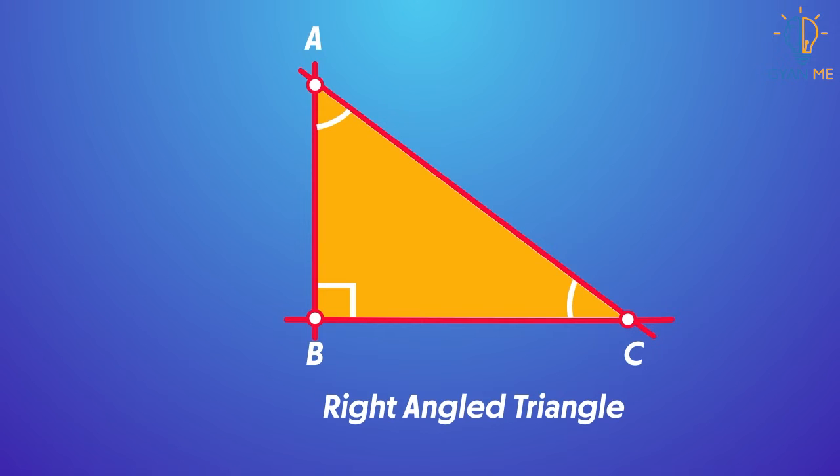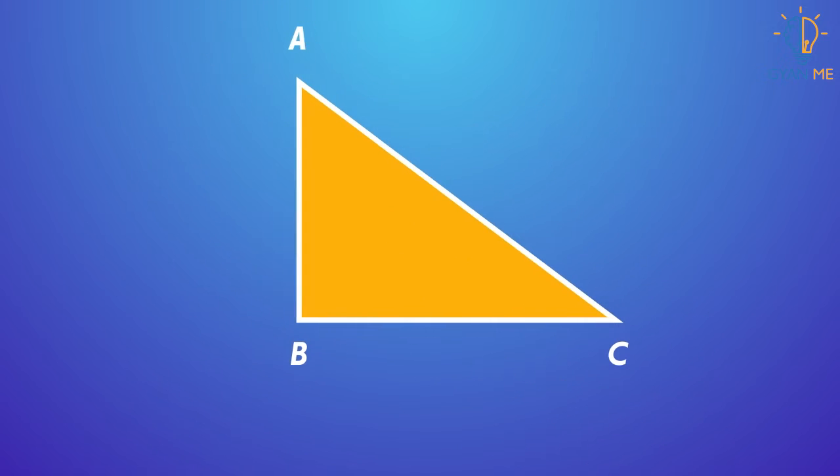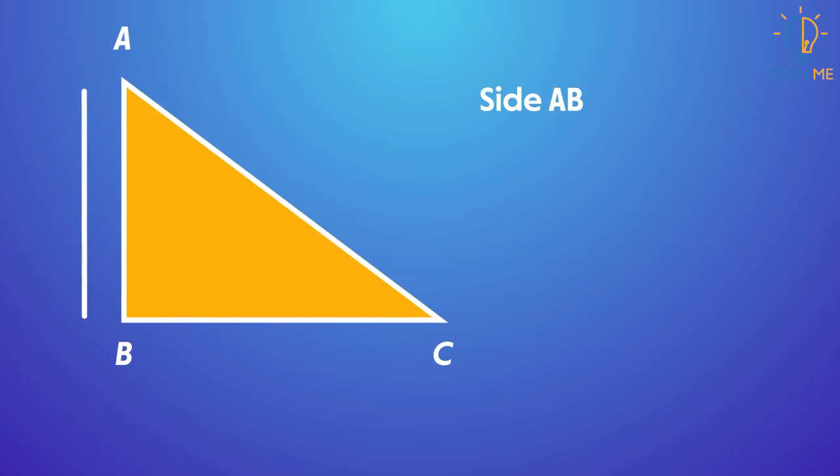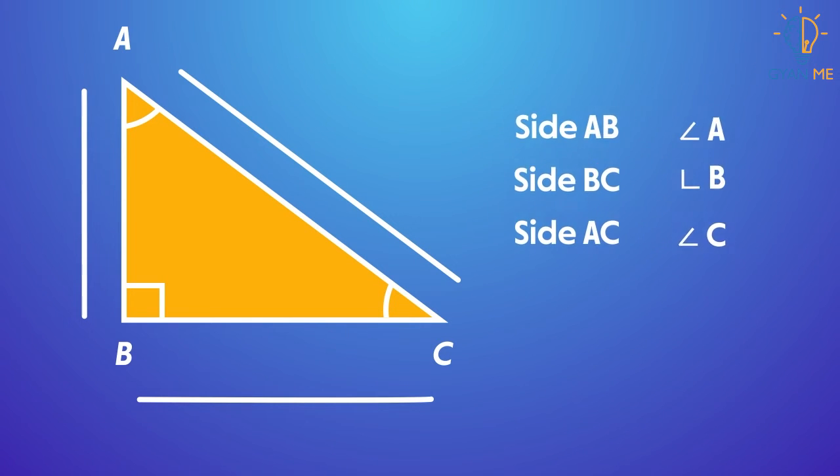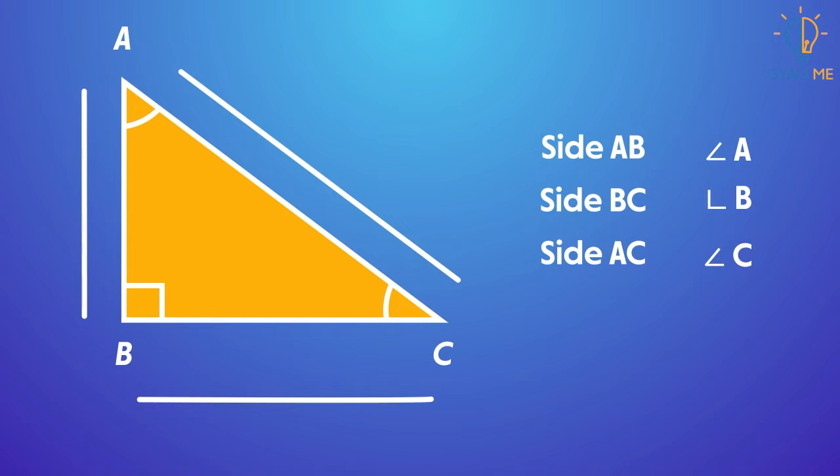So can you identify now which angle is 90 here? Yes, you are right. Angle B measures 90. Thus, like all other triangles, it has 3 sides, AB, BC and AC, and 3 angles, angle A, angle B and angle C.